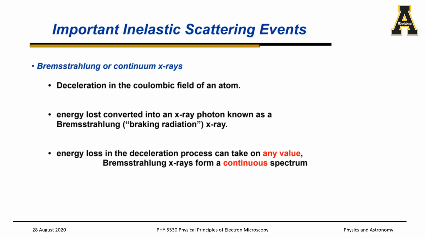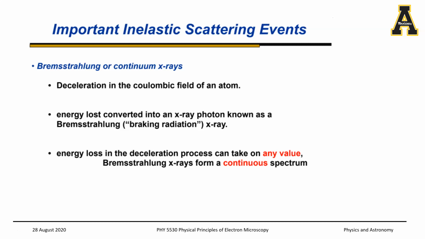And the other possibility is that the electron that is coming into the sample experiences the force field of the nucleus, as a result of which one possibility is that it just scatters elastically, which means it does not lose any energy. That is what we saw a few slides ago.